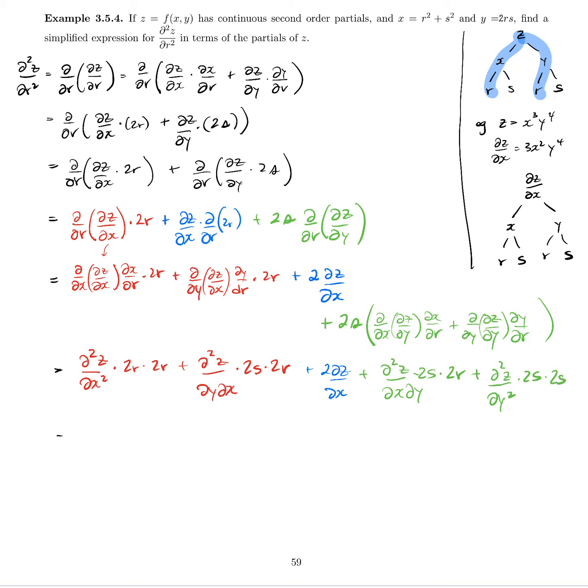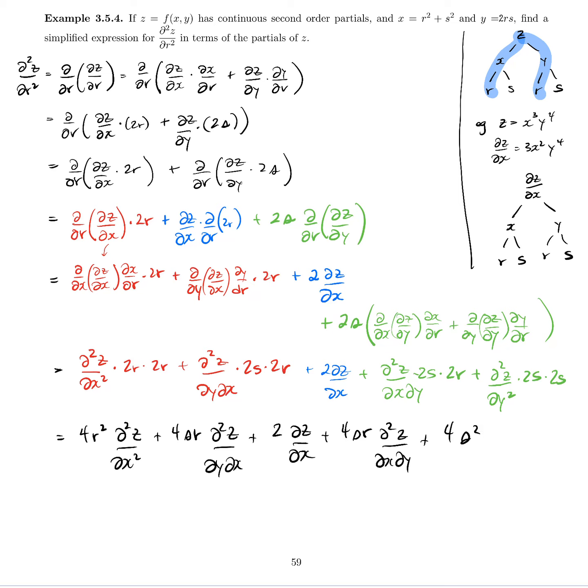So writing this all cleaned up, we would have 4r² ∂²z/∂x² plus 4sr ∂²z/∂y∂x plus 2 ∂z/∂x plus 4sr ∂²z/∂x∂y, and lastly plus 4s² ∂²z/∂y².